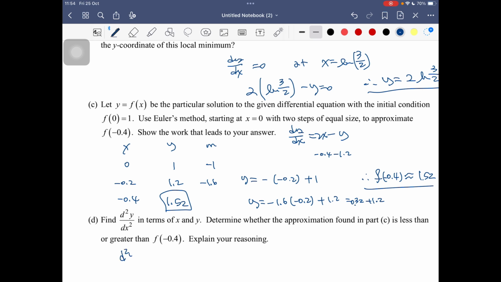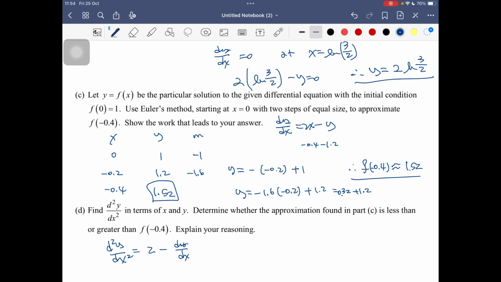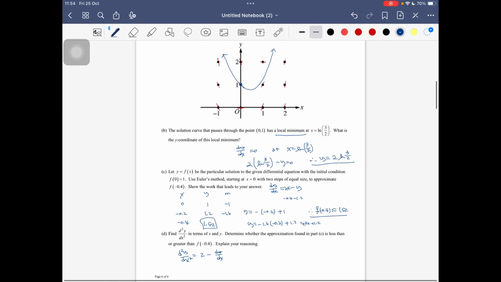So dy over dx, the second derivative. This one is 2 minus dy over dx. In this situation, our analysis for the graph shape was on this slope field. On the left side, when x is smaller than 0, like between 0 and negative 1 at least, it seems dy over dx looks negative.